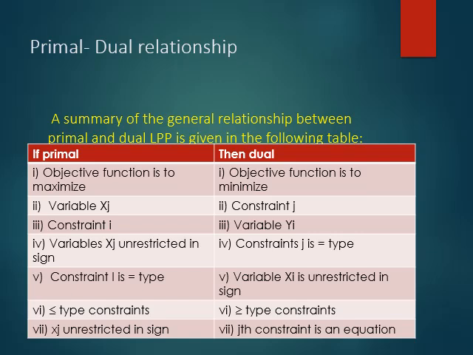If primal constraint i is equal type, then dual variable yi is unrestricted in sign. If primal constraints are less or equal type, then dual constraints are more or equal type. If primal xj is restricted in sign, then dual constraint is an inequality.